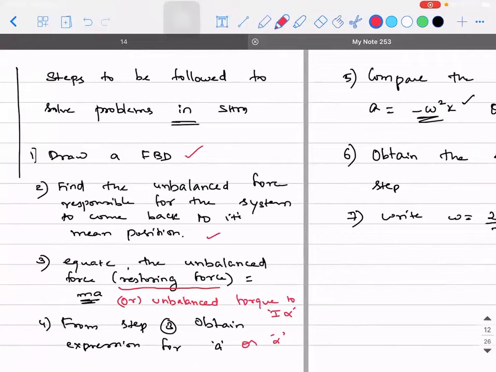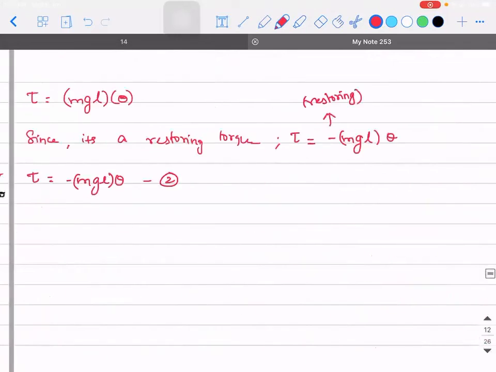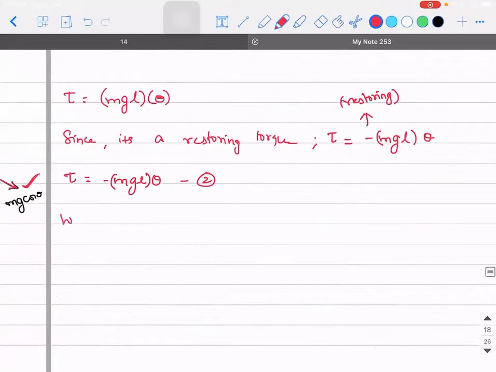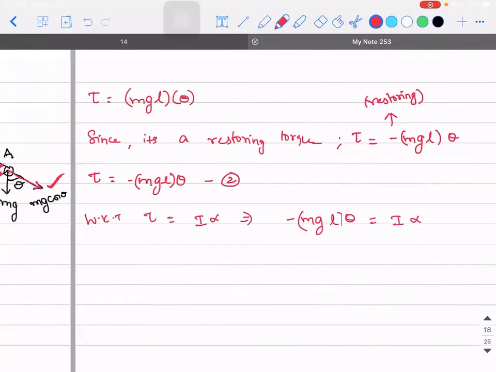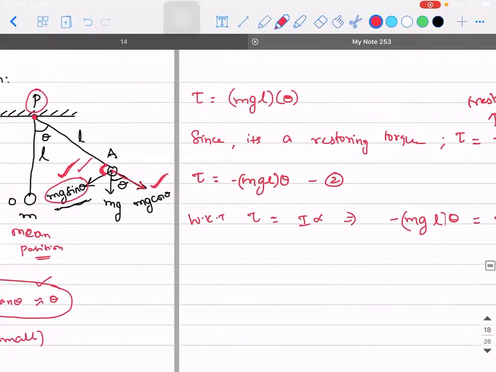Once you find the restoring torque, what are we supposed to do? You need to equate it to I alpha. So we know that torque is equal to I alpha, which implies minus mgl into theta is equal to I into alpha. But what is the value of I in this case? I is moment of inertia. What is the formula for moment of inertia of a particle?